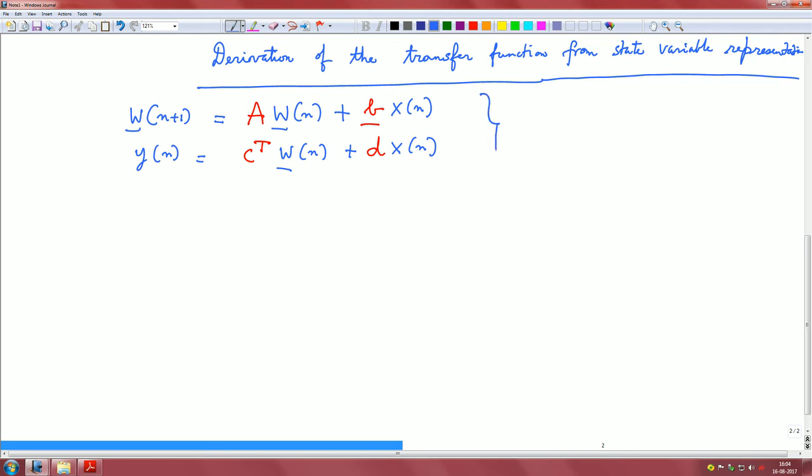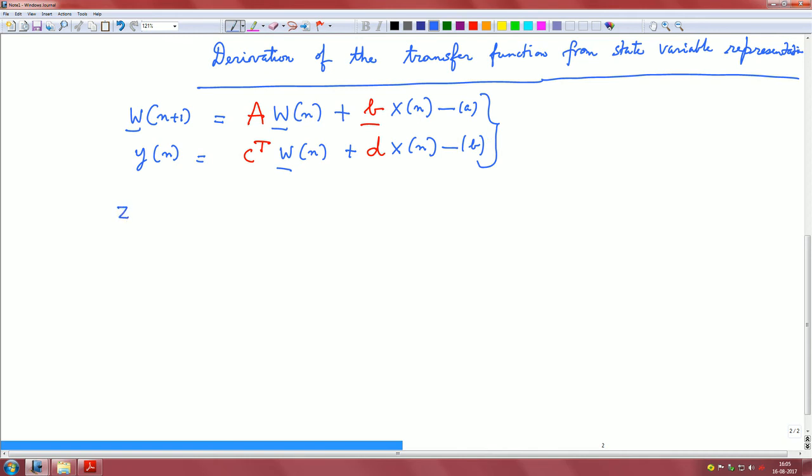Now we have these pairs of equations, right? Now we have to derive the transfer function. So let us apply the Z transforms to equations A and B, right?